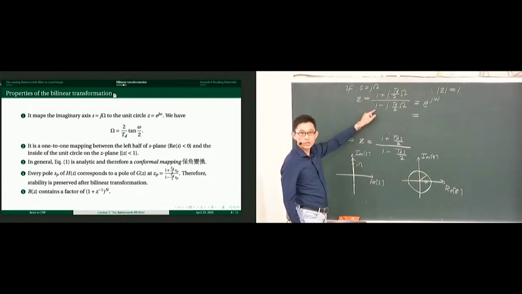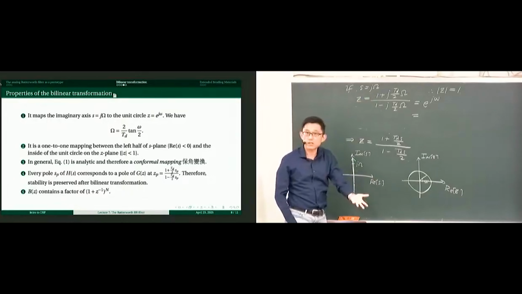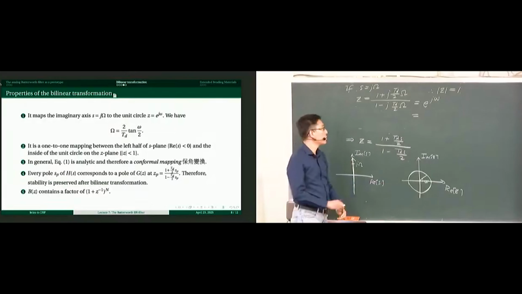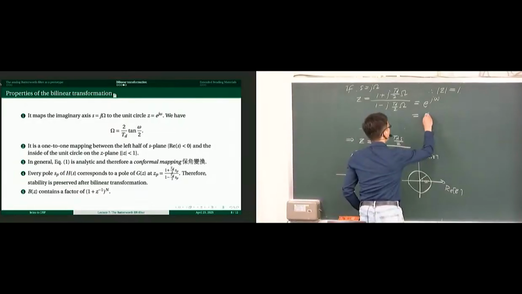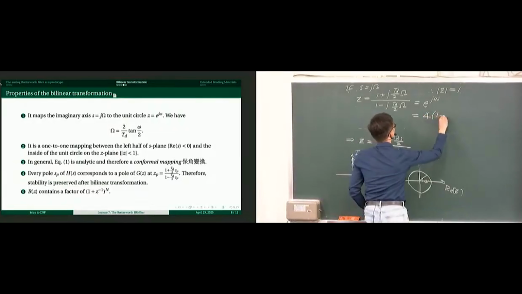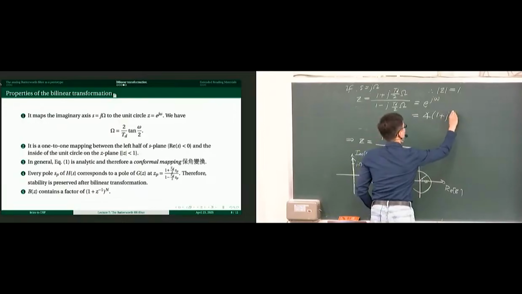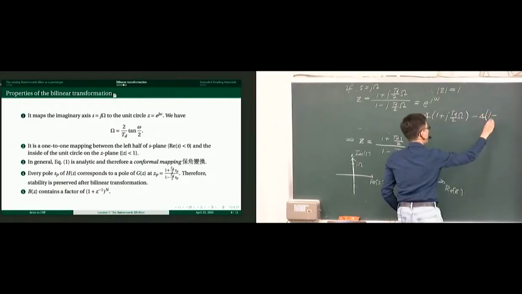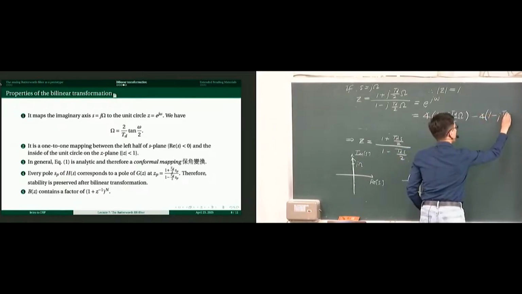You should subtract the angle of this term from the angle of that term, because we're dividing complex numbers. So this angle should be the angle of the complex number on top minus the angle of its complex conjugate.